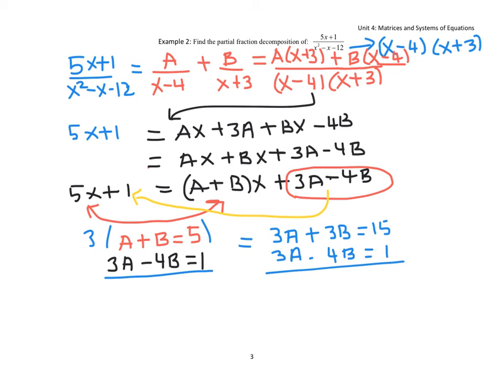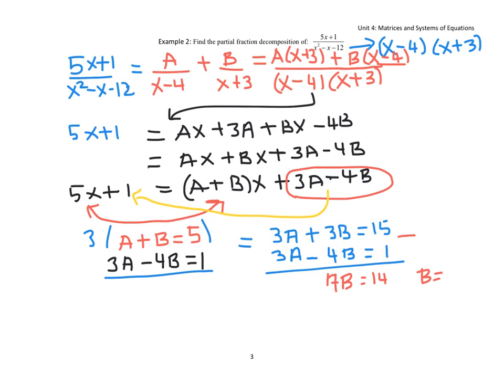I can now eliminate a because those are equal, so I'm going to subtract. So a is gone, and then I have 3b minus negative 4b, 7b, is equal to 14. So that means b is equal to 2.